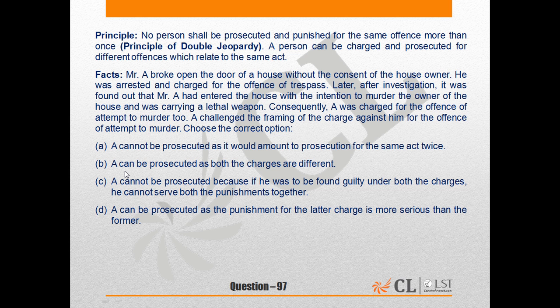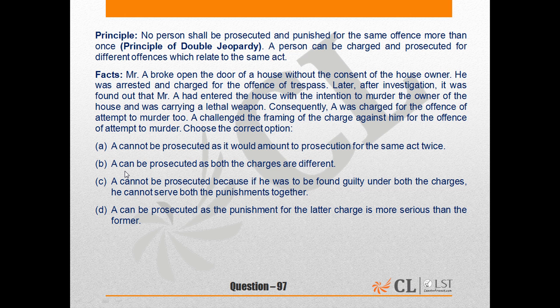The principle talks about double jeopardy. It says a person cannot be charged and prosecuted twice for the same offence. In the facts, A broke open the door of a house without the consent of the homeowner. He was arrested and charged for the offence of trespass.